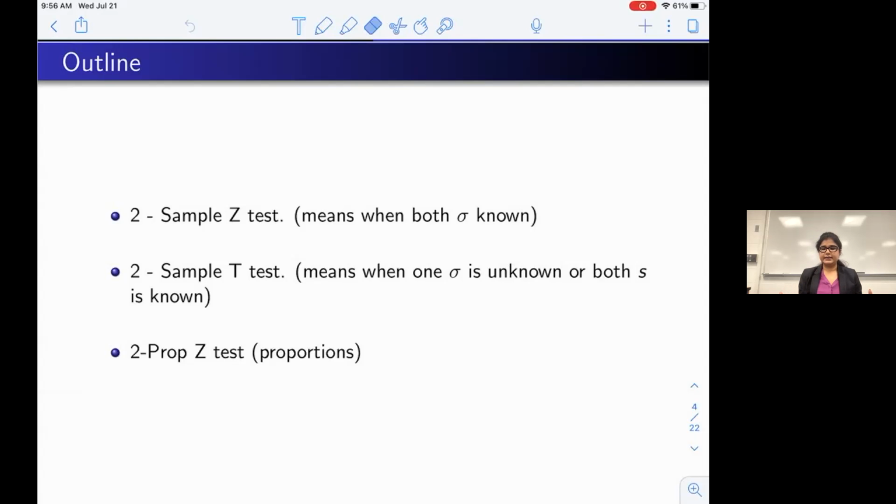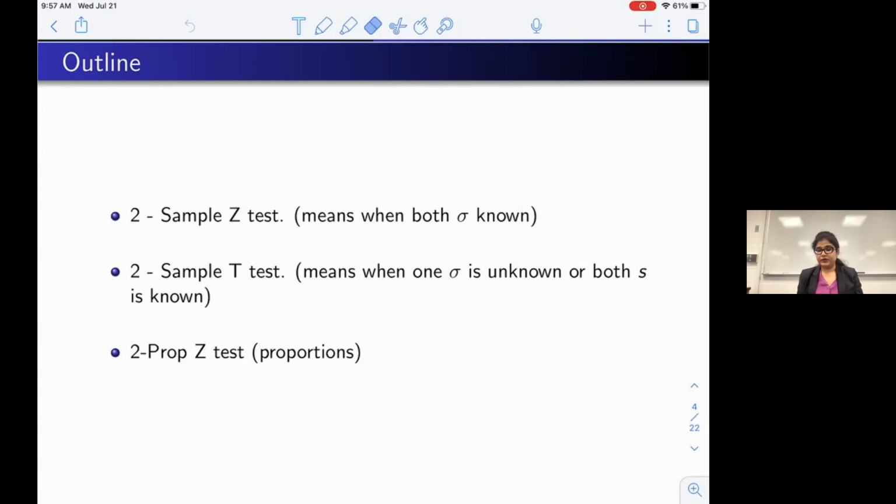Or in another case, we don't know either population standard deviation, then in that case also you will be using the two sample t-test. So using the two sample z-test is important when you know the population standard deviation for both groups. Then you can use the two sample z-test. Otherwise, you cannot; you will be using the t-test.